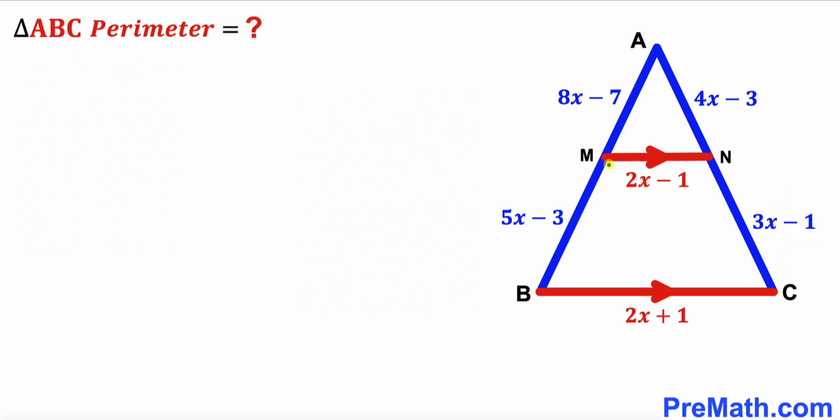Furthermore, segment MN is 2x minus 1, whereas segment BC is 2x plus 1. Our task is to calculate the perimeter of this triangle ABC.